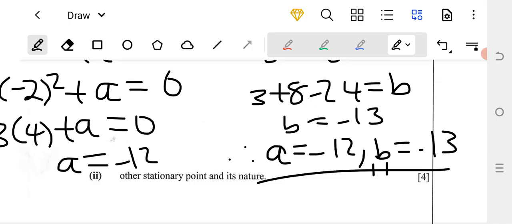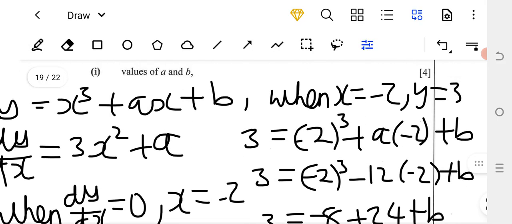And that's your final answer. If you try to substitute, you say negative 2 cubed minus 12 multiplied by negative 2 minus 13, you're going to have a positive 3 as your y coordinate.